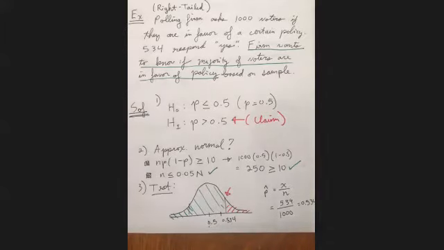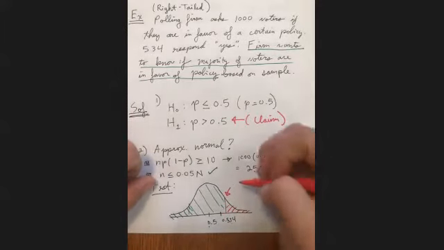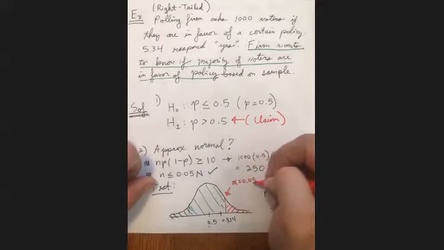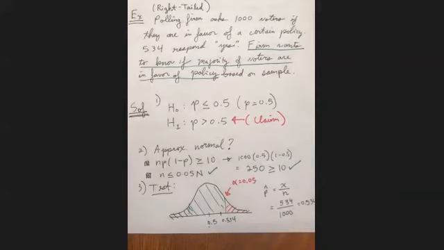So the alpha value is arbitrary, but there are some common alpha values that are usually selected, and one of them is 0.05. So the alpha value is going to tell you where this cutoff point is, and we'll see that in a second.